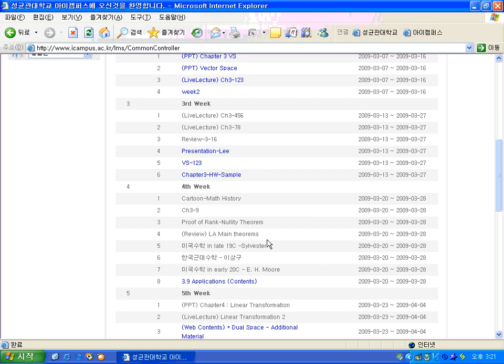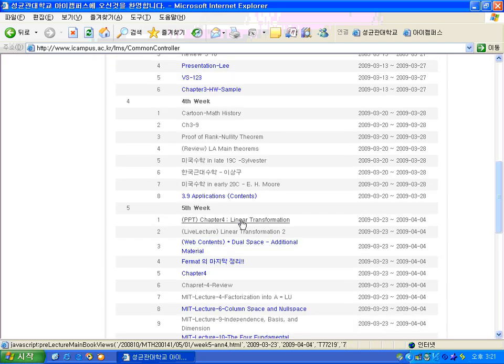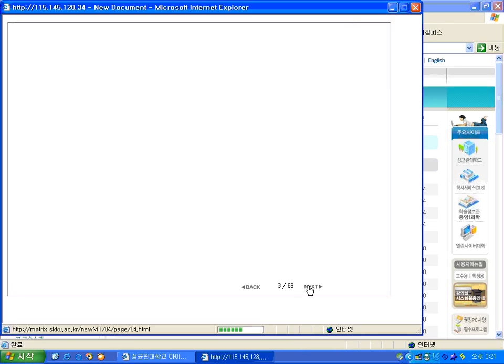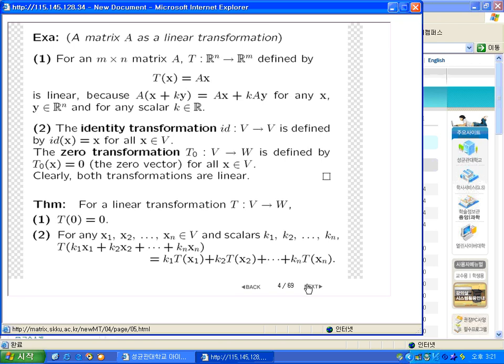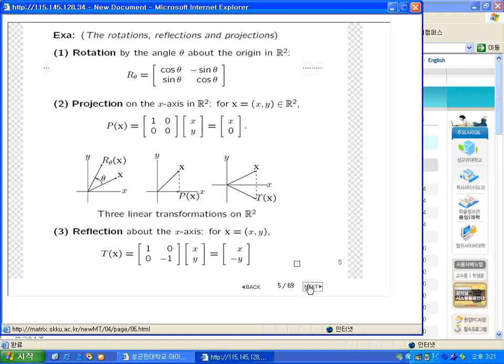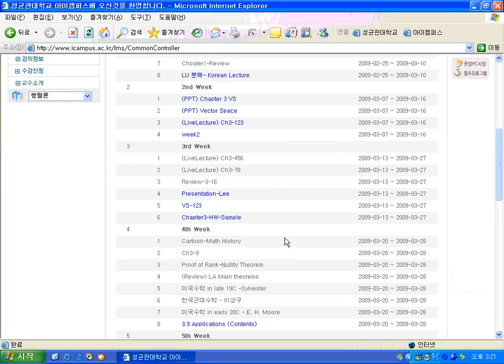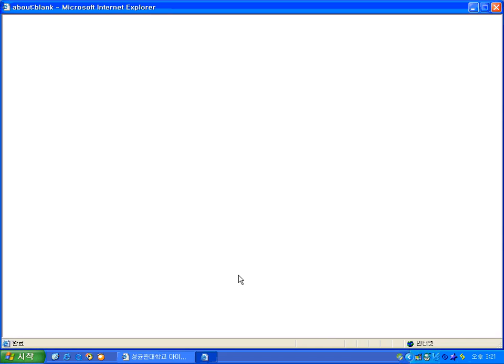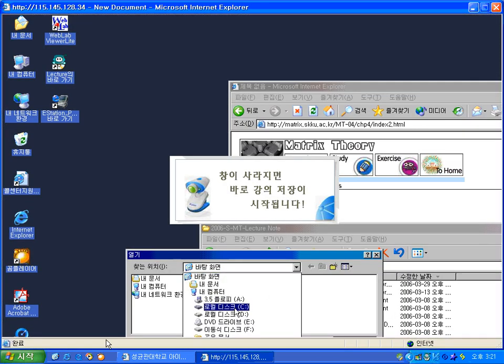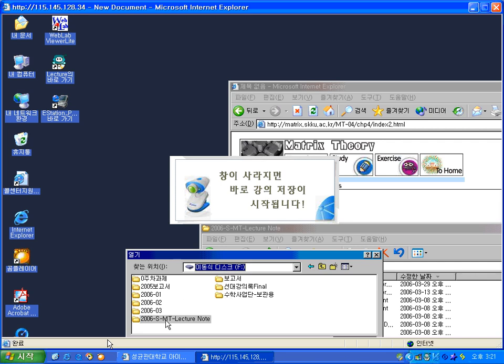Next, here, you must have seen my lecture note on chapter 4 on linear transformation, and we briefly took a look at chapter 4 last week, and the live lecture on chapter 4 was also given here, so you must have studied chapter 4.